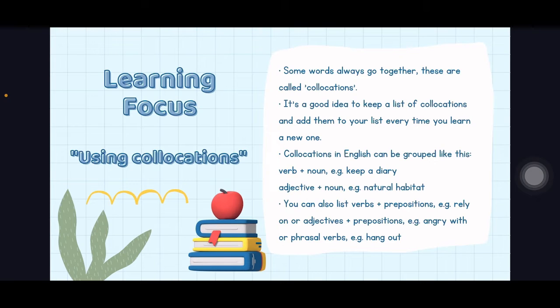We have the first part, which is verb plus noun, and then adjective plus noun. You can also list verb plus preposition, or adjective plus preposition, or maybe phrasal verbs.